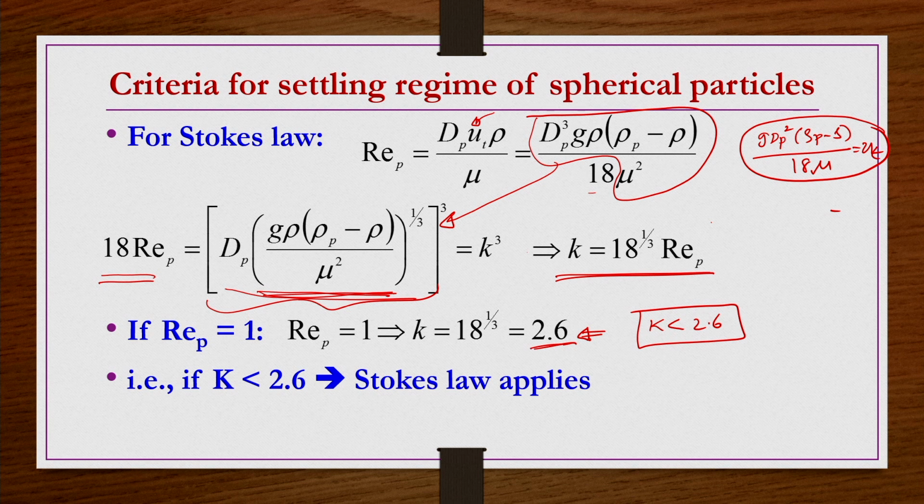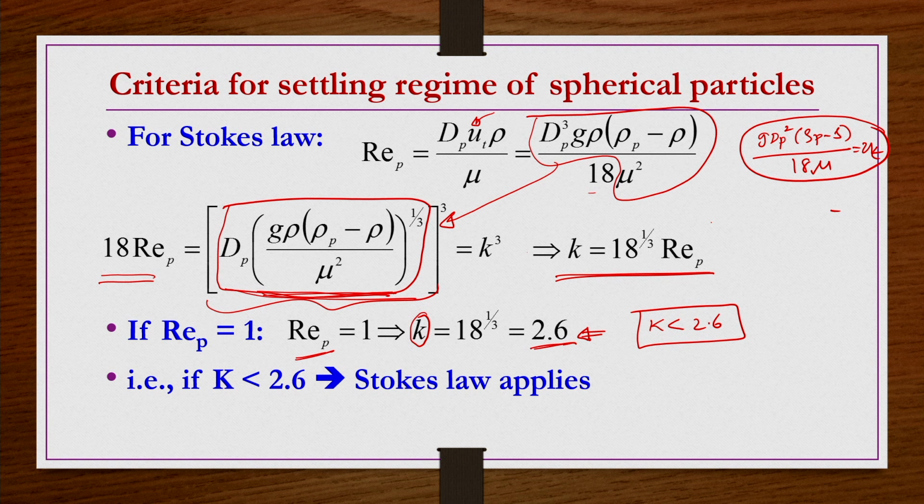And you need to know velocity in order to calculate the Rep, but in order to calculate this K, you do not need velocity. That is this quantity, dp multiplied by g rho delta rho divided by mu square, whole power 1 by 3, this quantity you need to find out.